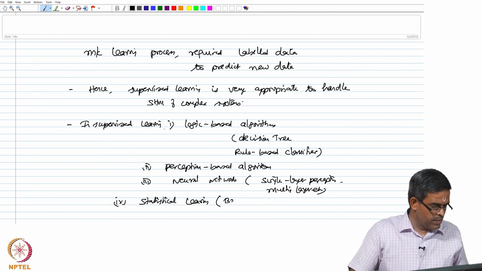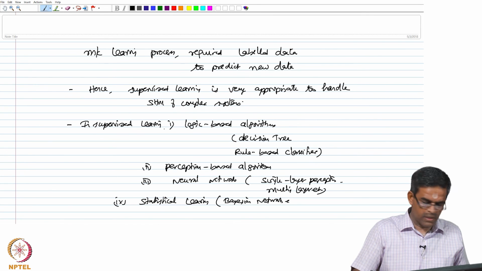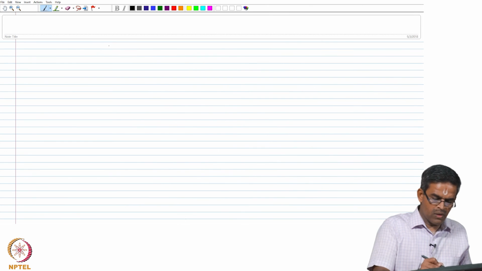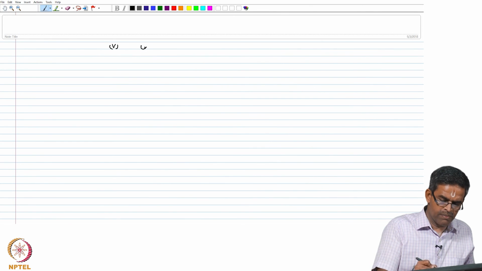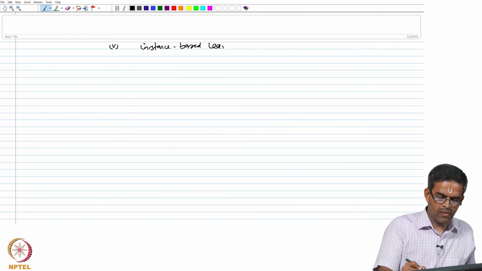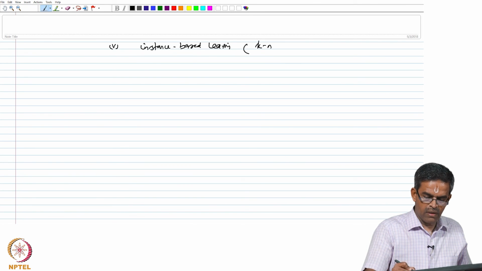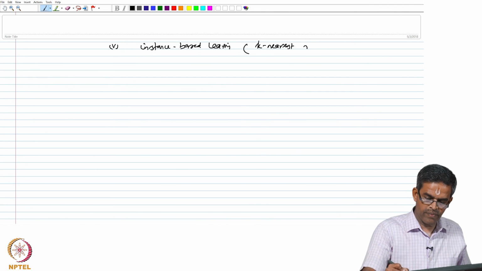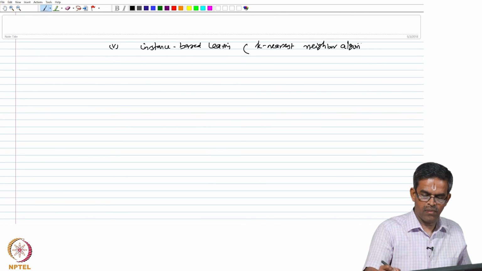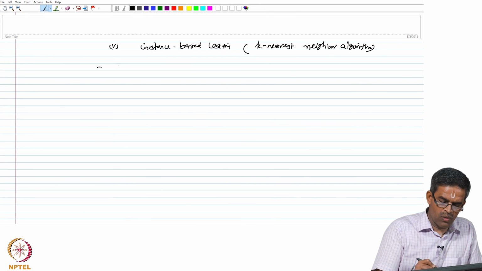For example, Bayesian networks, etc. The next one could be instance based learning, which can be the k nearest neighbor algorithm. Which can be very useful in applications to structural health monitoring.